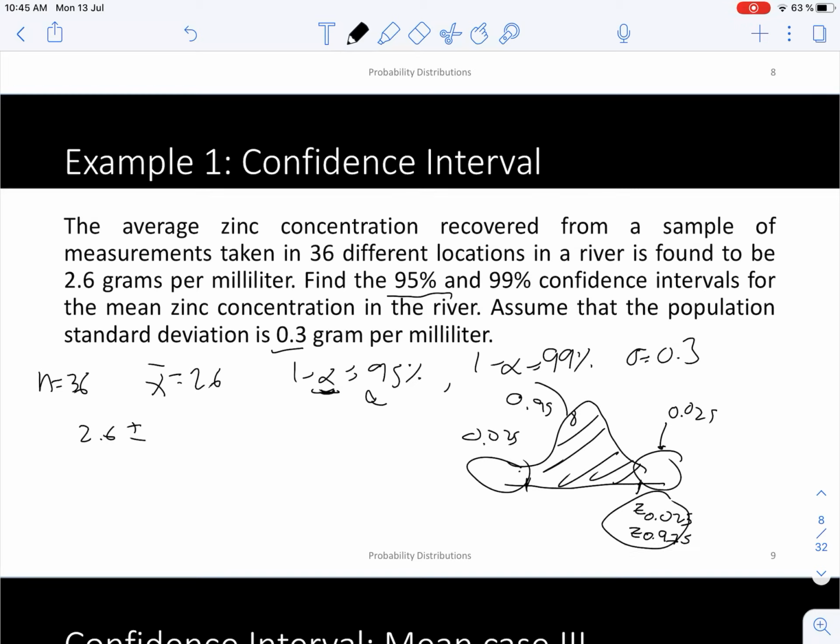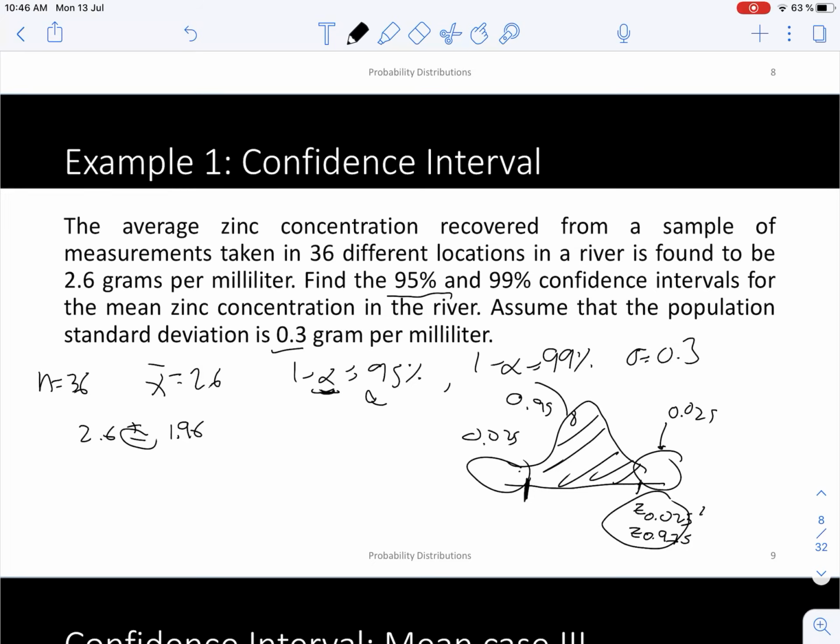The z here will be the same as the one in the lower limit, but the only difference will be the minus sign, right? That's why we have here the plus minus. So using the same z value, in this case z is equal to 1.96.